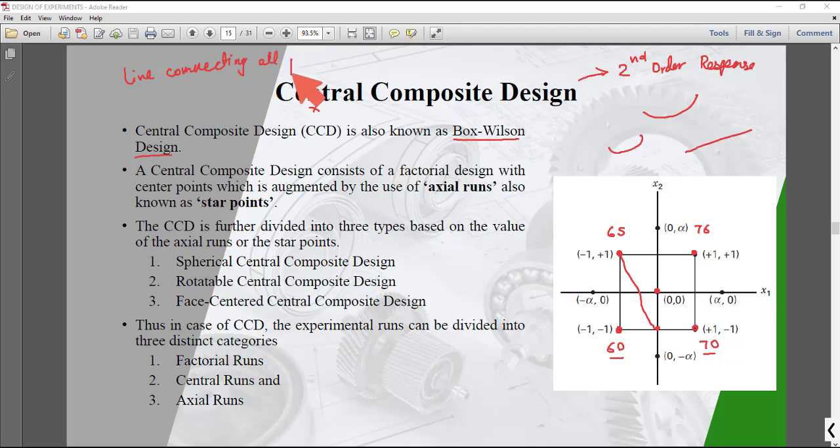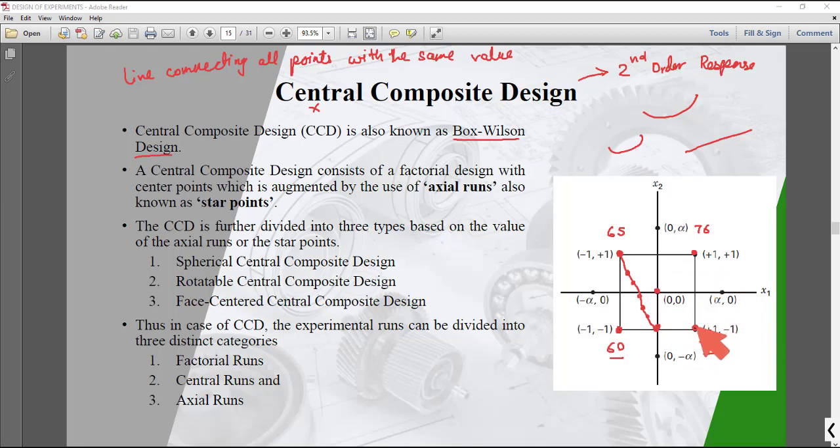A contour is a line connecting all the points with the same value. Here I have drawn a contour because here it is 65, here also 65. Means at all these points in between, the value will be 65.